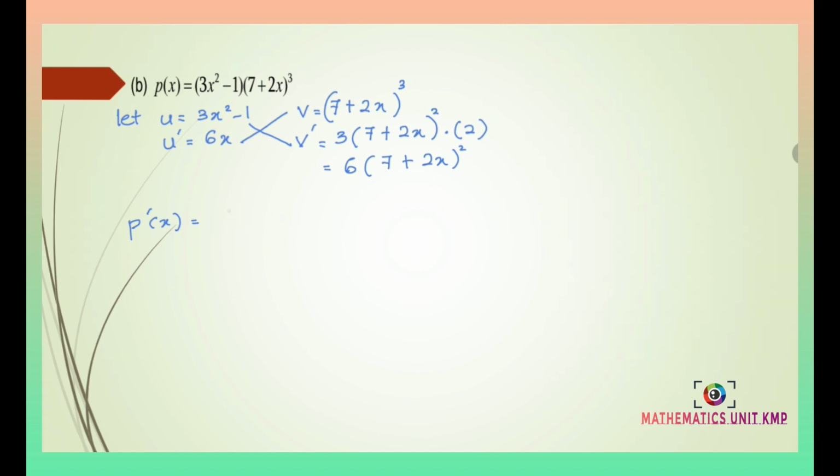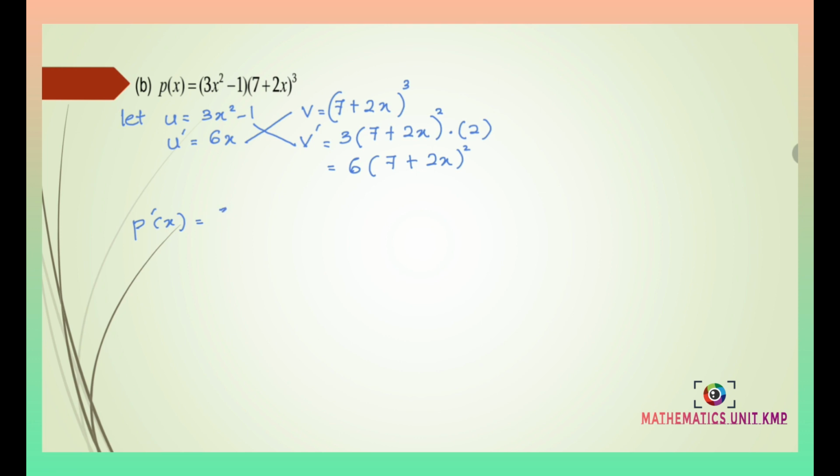So here we have (3x squared minus 1) times 6(7 plus 2x) squared.